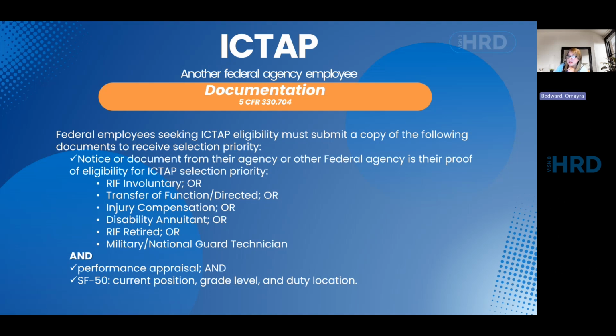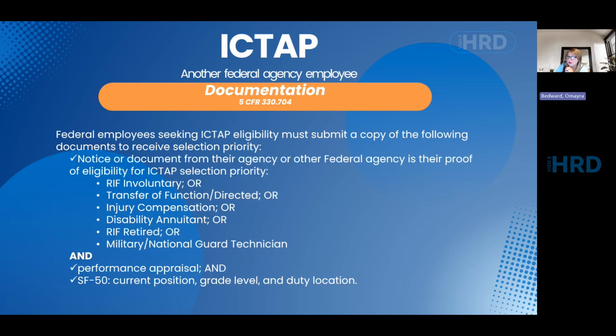The documentation required for ICTAP is a copy of the notice or documentation that the individual received from their agency or other federal agency that proves that they are ICTAP eligible. Those are listed there. It could be a RIF notice where they're involuntarily separated.